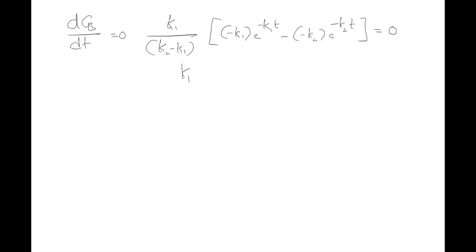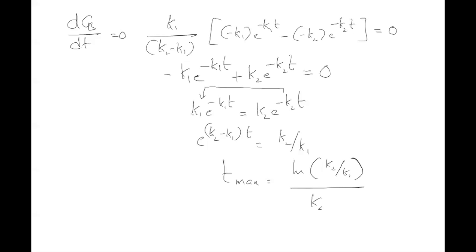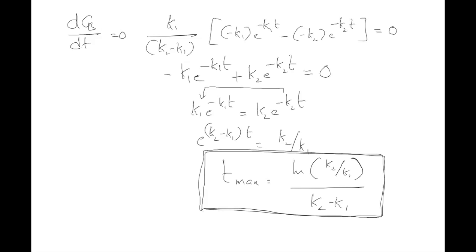Setting this equal to 0 gives the ratio K1 by K2 on this side. Then what is T max?